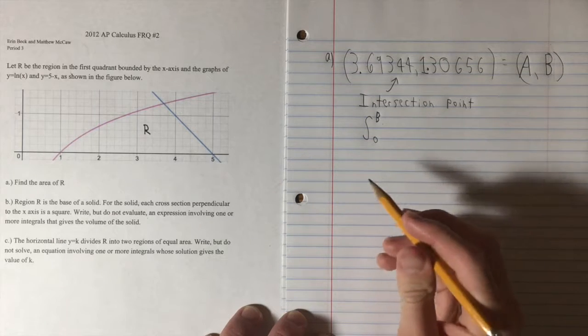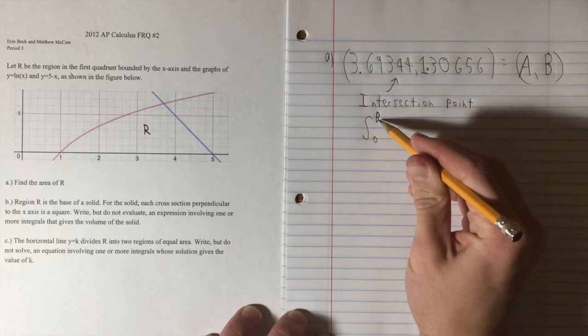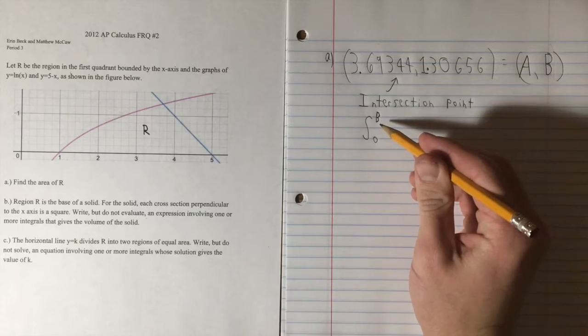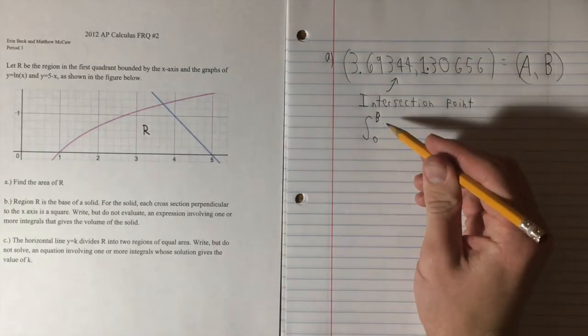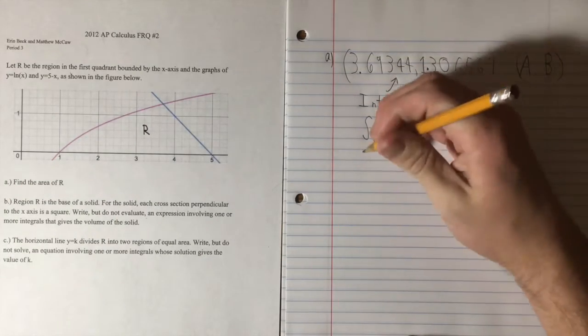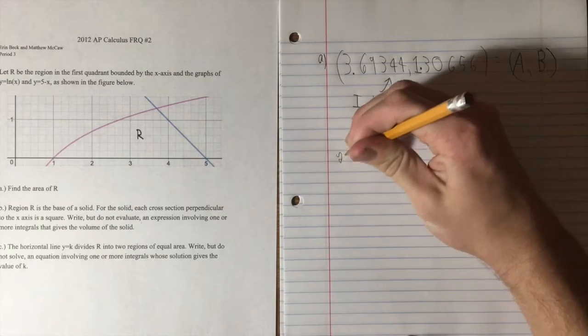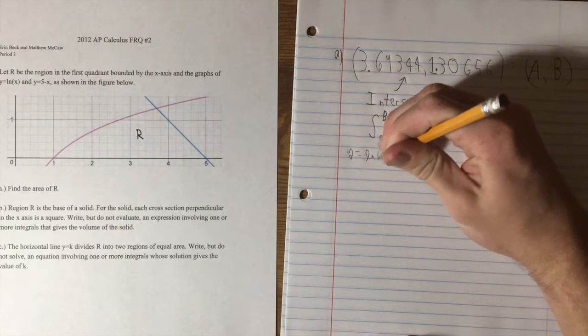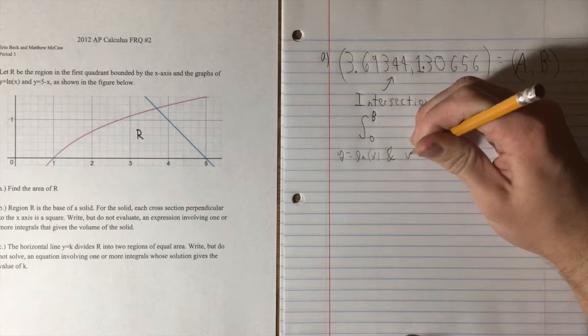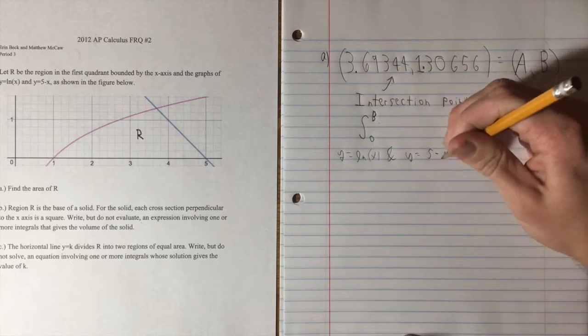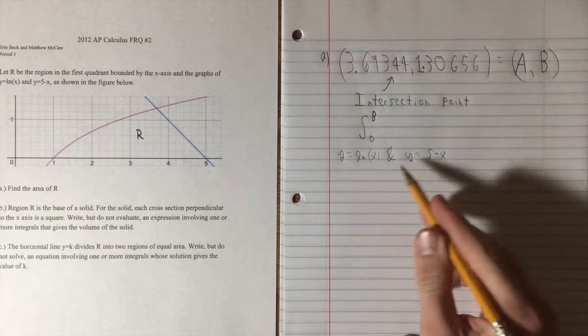So it'll be the integral from 0 to b, but because we're using the y value, we need these equations to be in terms of x. We have the equations y equals ln of x and y equals 5 minus x. So we want to isolate the x variable.